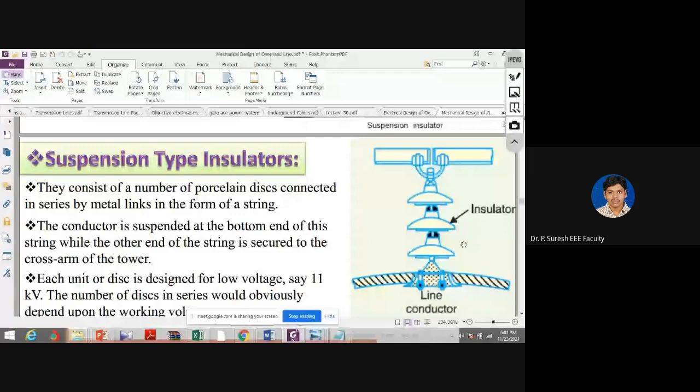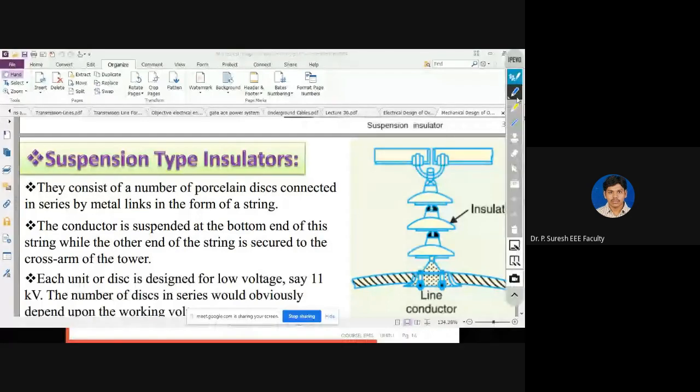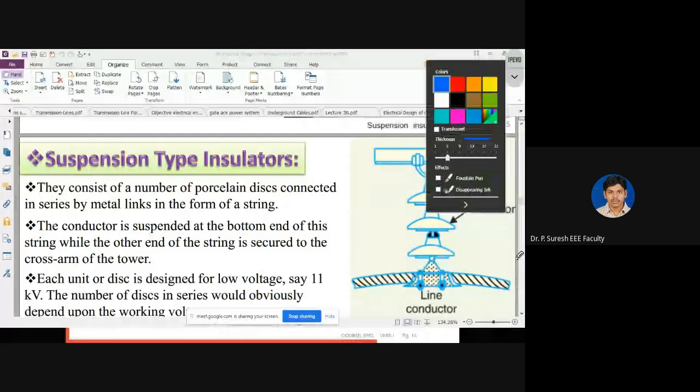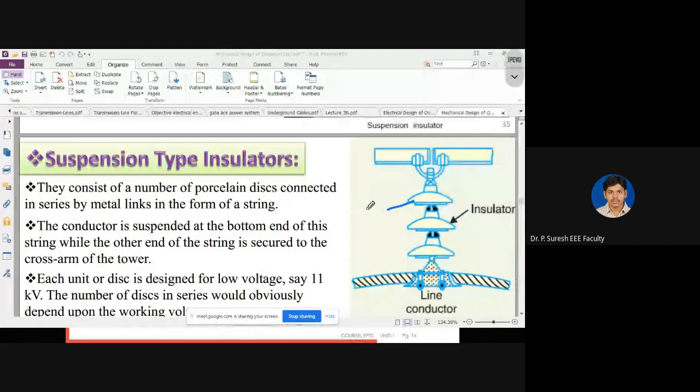For transmission lines of more than 33 kV, we use this string type insulator. What is the capacity of each disc? 11 kV. Okay.